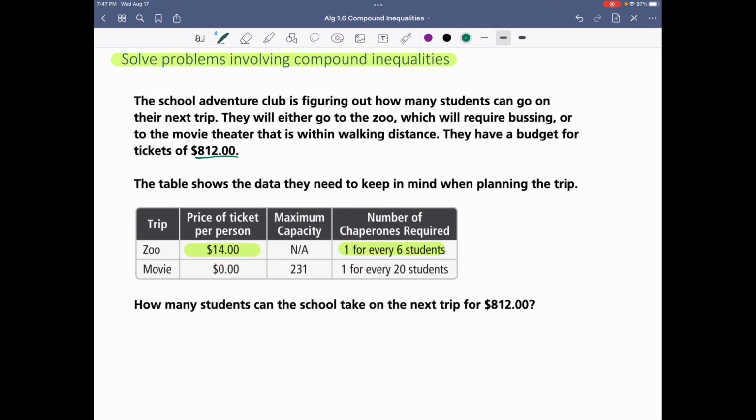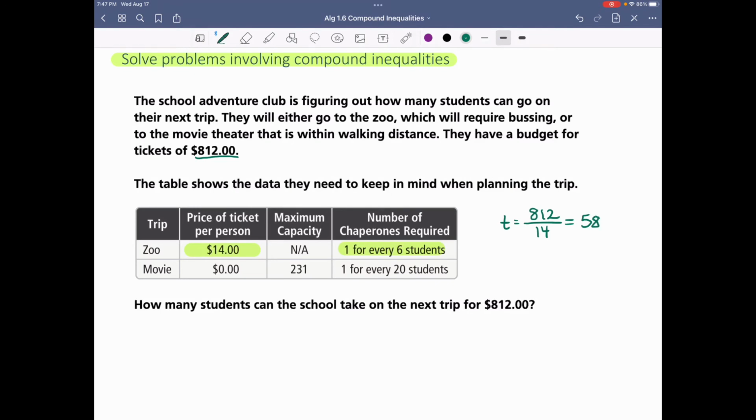So the ticket cost, we need to take $812 and divide it by 14. So that's what the tickets will equal, or how many tickets we can buy. We can buy 58 tickets if we divide that.